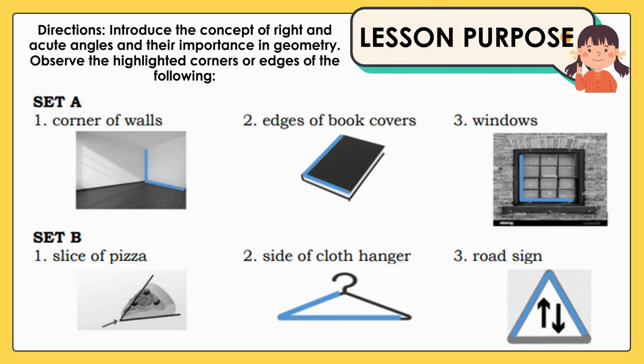Number 3, windows. For set B, number 1, slice of pizza. Number 2, side of cloth hanger. Number 3, road sign.